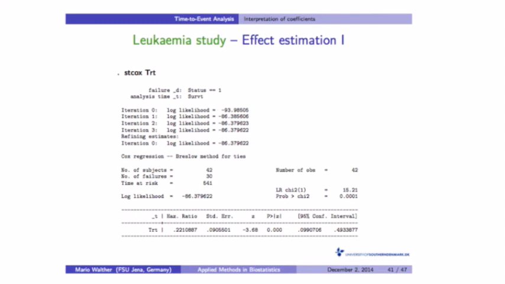So the treatment can reduce the occurrence of the event of interest, or can reduce relapsing, or can prolong remission. The treatment has the effect that the patients in the treatment group can remain longer in remission compared to the placebo group.